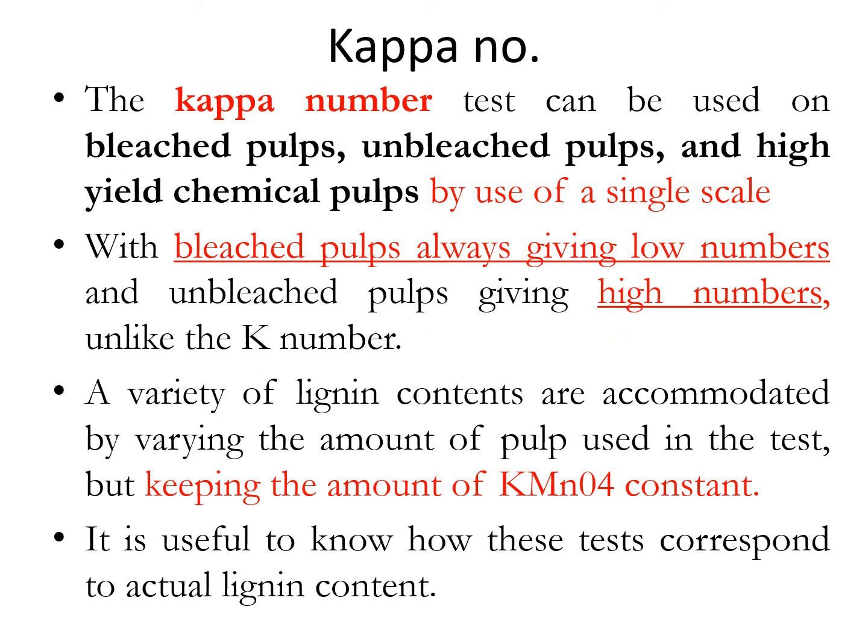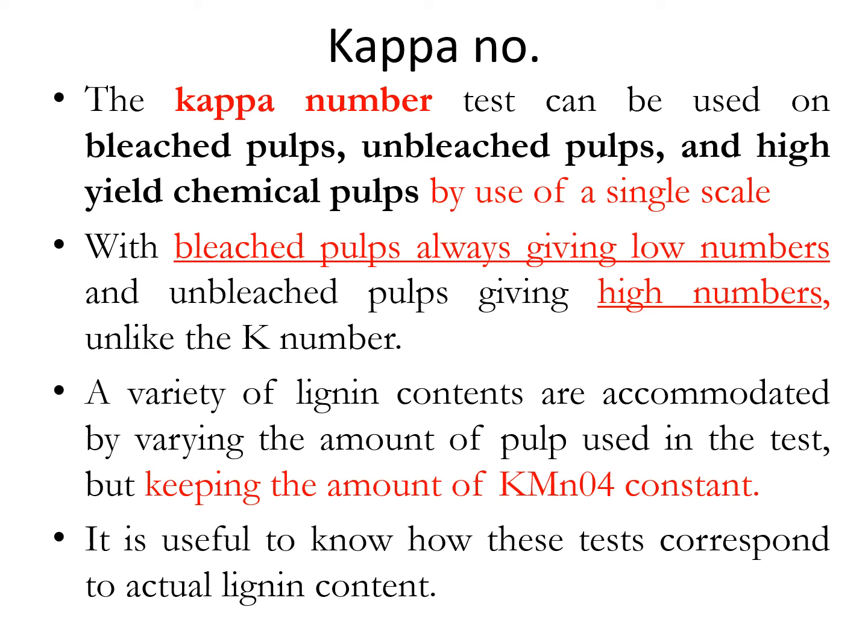Now the Kappa number test can be used on bleached, unbleached as well as high yield chemical pulp by use of a single scale. Bleached pulp always gives a low number and unbleached pulp gives a high number, that is, higher lignin content. A variety of lignin contents are accommodated by varying the amount of pulp used in this test, but keeping the amount of KMnO4 constant.